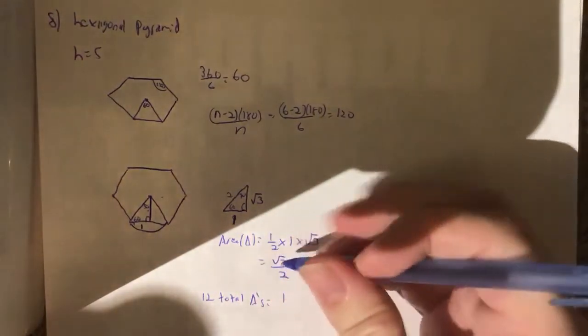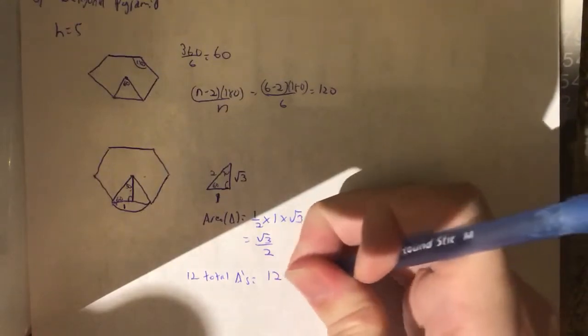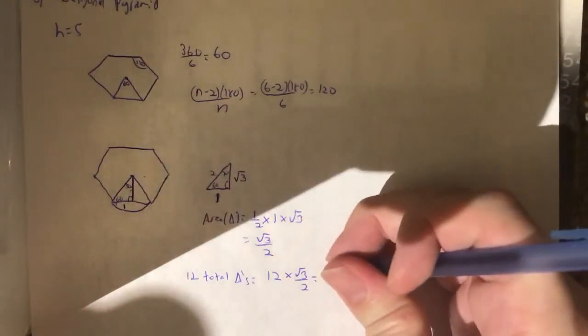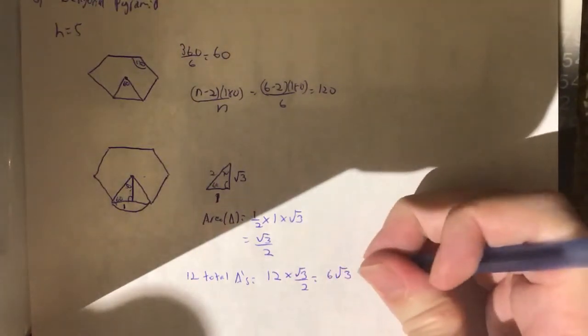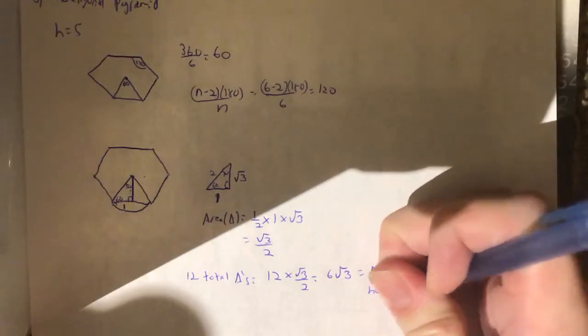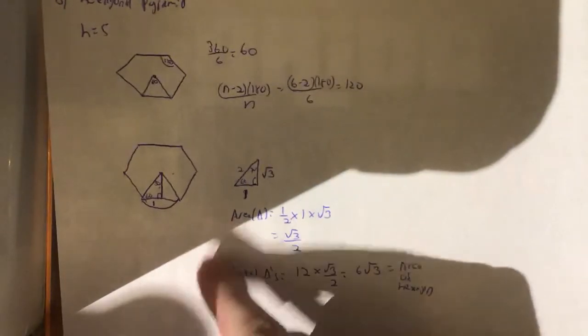So if I take one of the triangles and I multiply it by 12, I get the entire area of the hexagon, which is 6 root 3. That's the area of the hexagon, which is the area of the base. So I now found the area of the base for the hexagon. That's my tricky part.